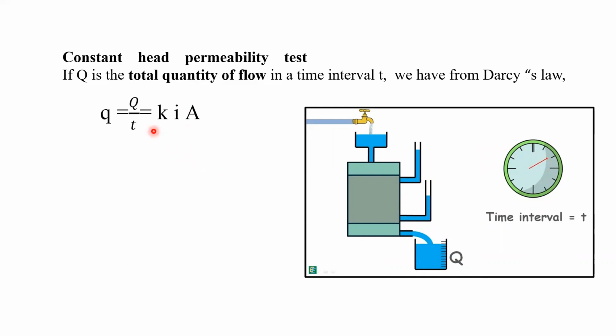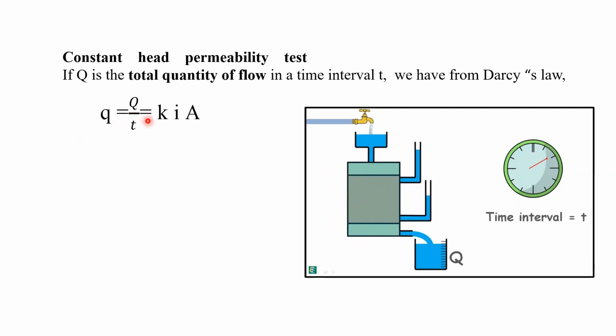So the total discharge, once the water passes through this soil sample. This is the soil sample, okay? From here to here is the length of the sample, and this indicates the cross-sectional area of the sample, capital A, and this is the length of the sample. So we have taken the sectional view of this apparatus, or this experiment.